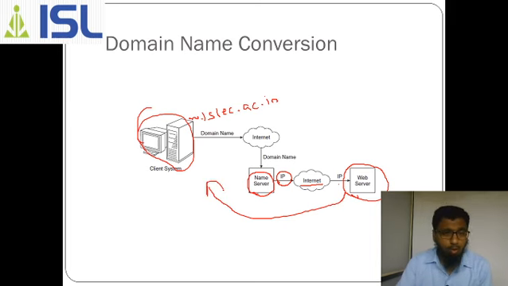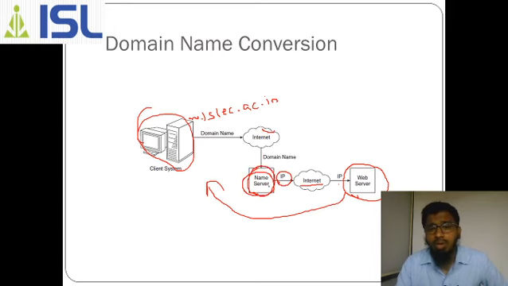Clear? One more time I am explaining. Here the client system is requesting www.islec.ac.in. When you type the name, it goes to the internet. From the internet it is sent to the name server.